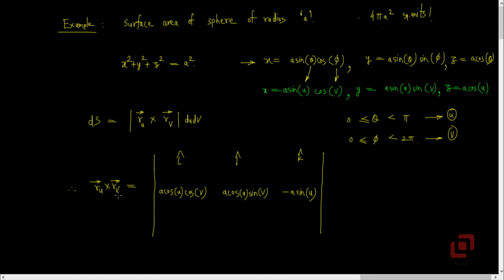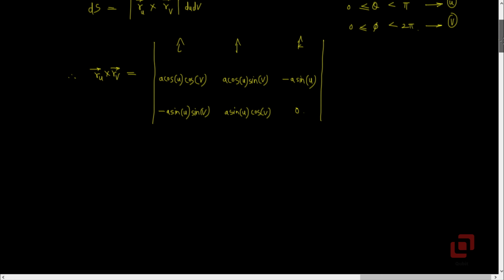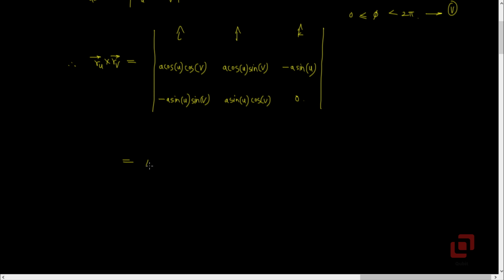In the third row, we will write down the partial derivatives of r bar with respect to v, which are minus a sin u sin v, a sin u cos v, and z is not a function of v, so this derivative will be 0. Equal to I cap into a cos u sin v into 0 minus a sin u into a sin u cos v.